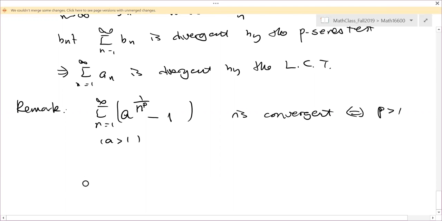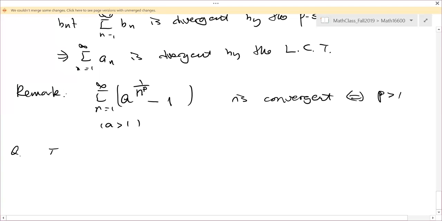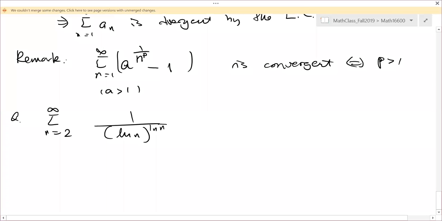How about the next one? One over natural log of n to the power natural log of n. Whoa. What am I going to do with this? What method am I going to use?